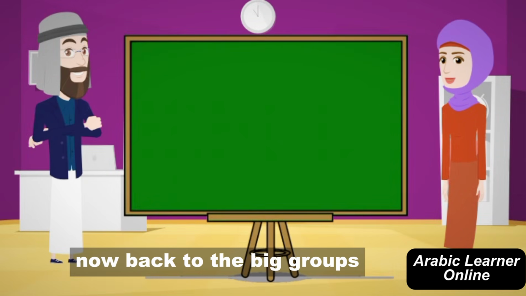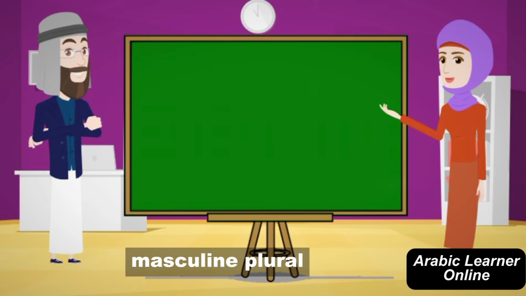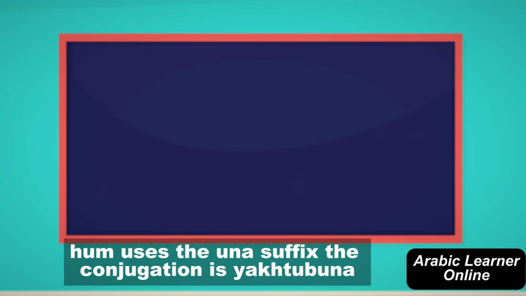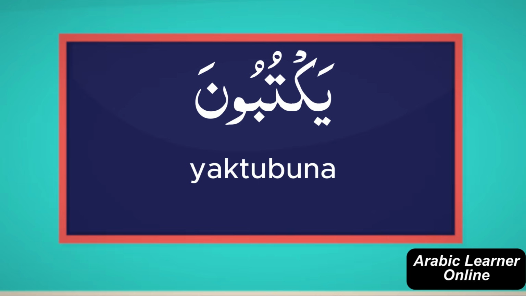Now, back to the big groups. Hum, they masculine plural, uses ya as its prefix. What is its unique suffix? Hum uses the una suffix. The conjugation is yaktubuna, yaktubuna.